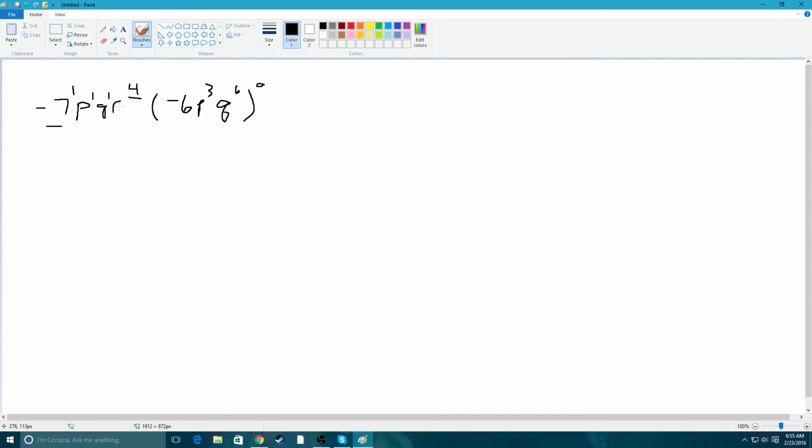That 4 only applies to the r. Whereas this guy over here, the 0, because we have parentheses, it applies to everything in here. So this just comes out to 1. And this is just -7pqr to the 4th. Do not get that twisted.